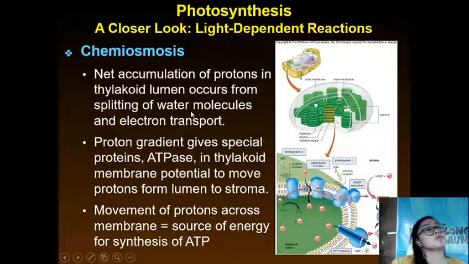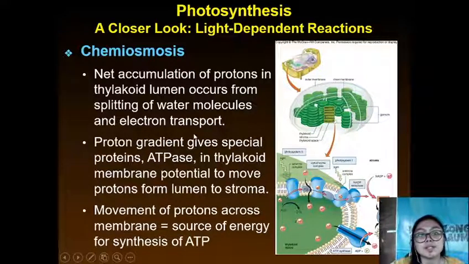So, here is chemiosmosis. I already explained its meaning earlier. There is a net accumulation of protons in the thylakoid lumen, from the splitting of water molecules and electron transport.